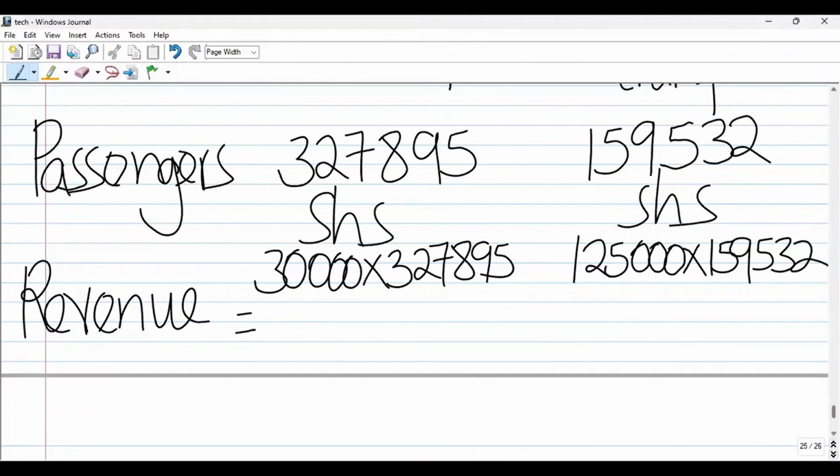159,532. Also, you can decide to cut off the thousands. So you can say shillings in thousands, so that you know that the amounts you're going to put here don't have the thousands.